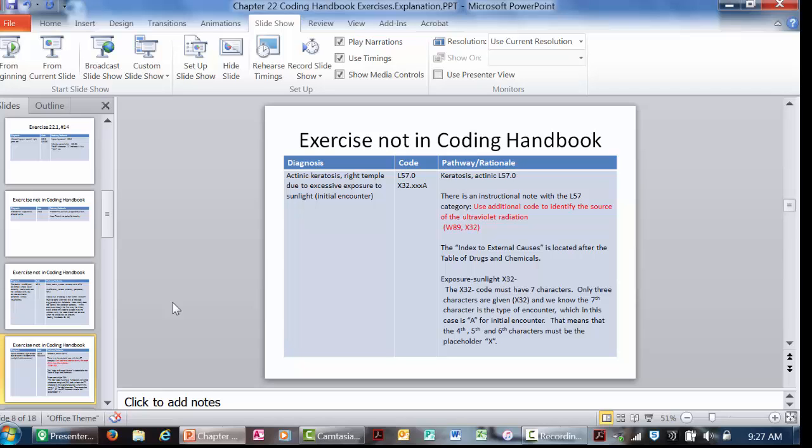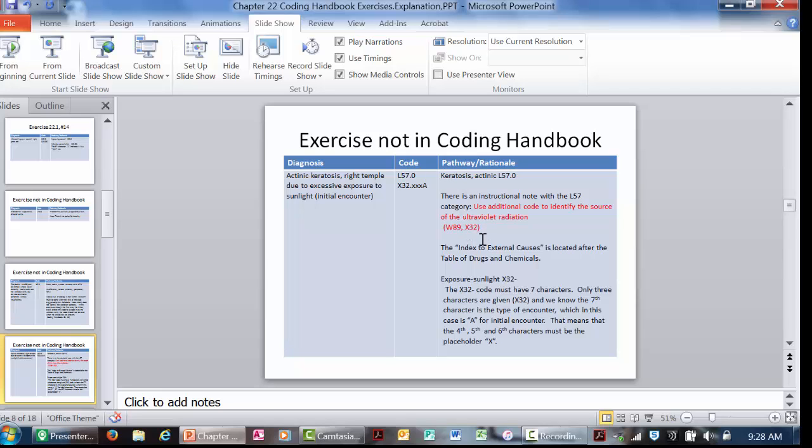Actinic keratosis, right temple, due to excessive exposure to sunlight. I'm bringing this one to your attention because I don't know if we've talked at all about external causes yet, but I wanted to spend a little bit of time on that. This particular L57 category has an instructional note: use additional code to identify the source of the UV radiation, and it can be either W89 or X32.